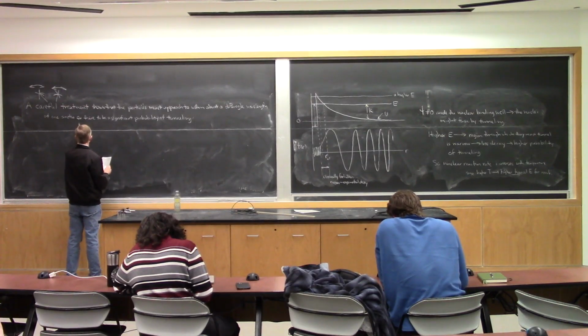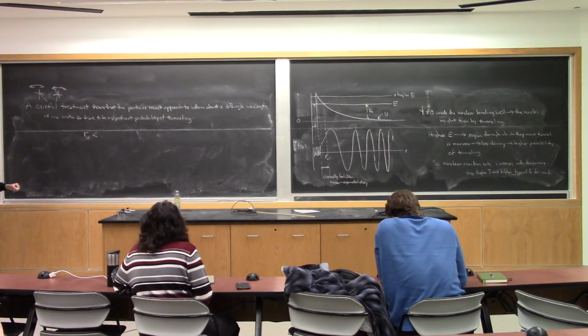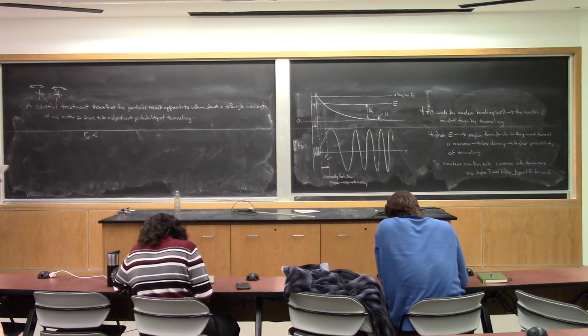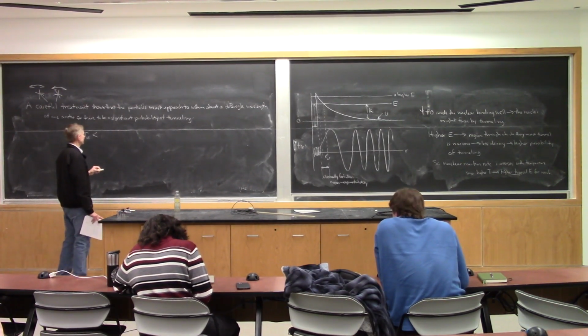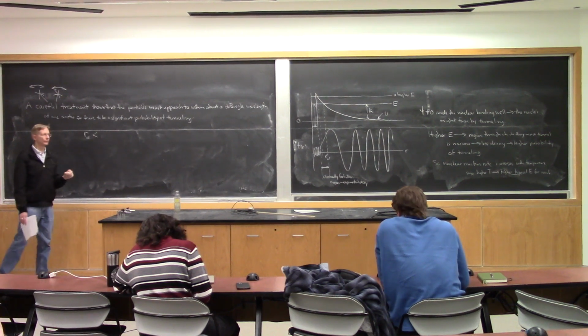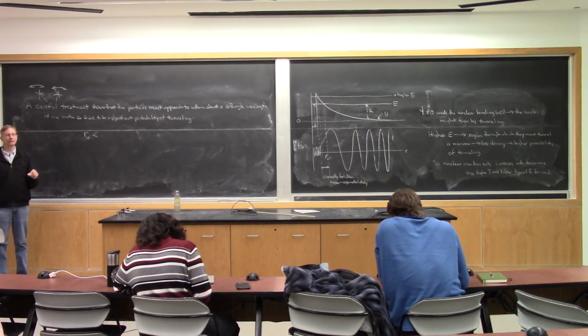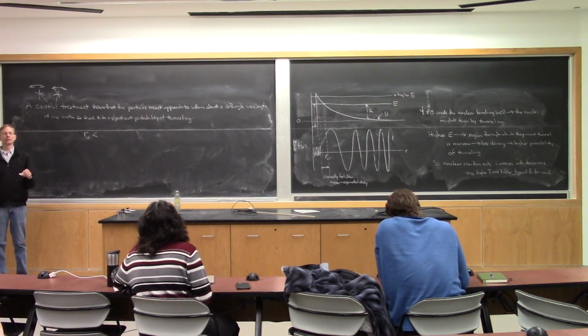Or in other words, the classical approach distance should be less than the de Broglie wavelength for the momentum involved. Does anybody remember what the de Broglie wavelength is in terms of the momentum and Planck's constant?